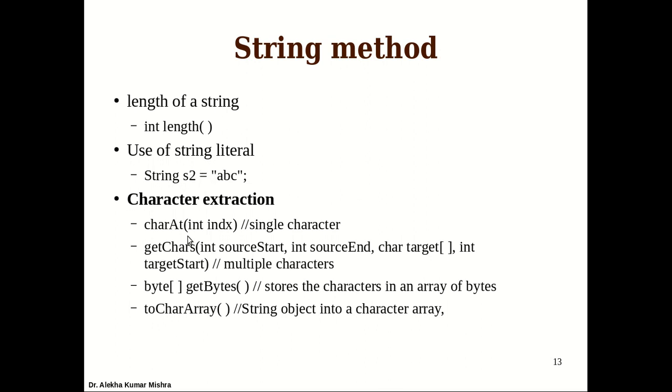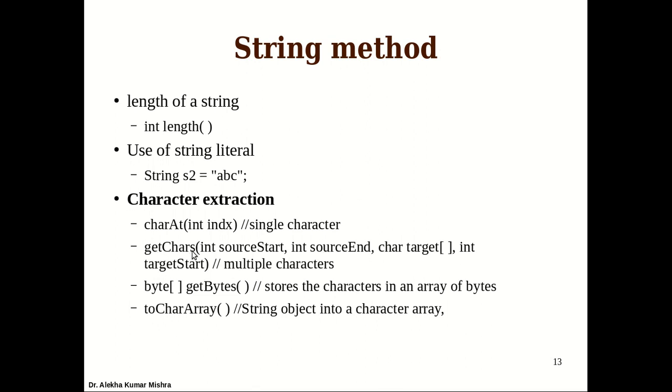All right. Next, we have extractions. We can extract a single character by using charAt. We can extract a string of characters by providing the starting position and end position, and where that set of characters is to be stored as a character array. Then we can mention the target start, the point at which the target can start. So there are four things given.